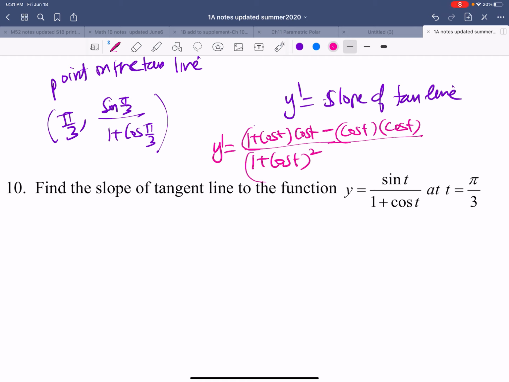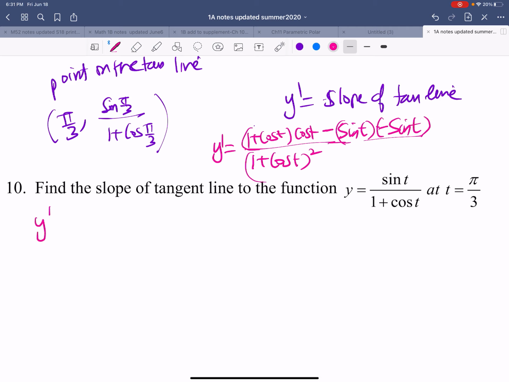Lower function times derivative of higher function, derivative of sine t is cos t. Okay, and here it is going to be low d high, minus high d low, and derivative of cos t is negative sine t. So that's going to be negative sine t.